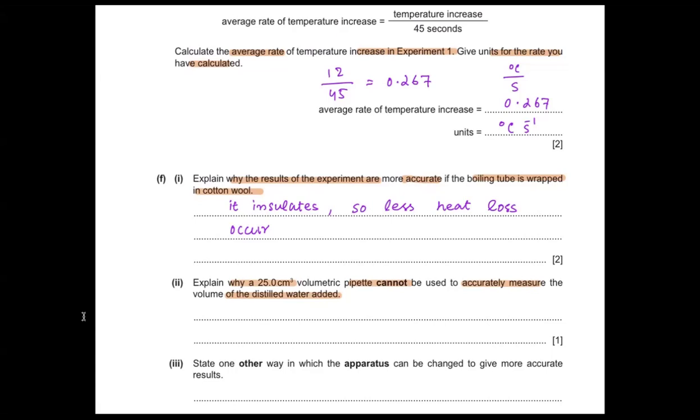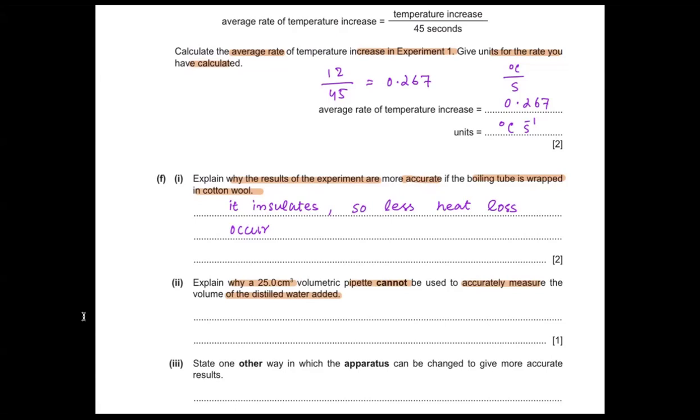Sir, could you explain again? Yes, 1 minute. If you recall, the pipette is only used to measure just 25 cm³, right? We use the safety bulb to fill it to the mark, and it is just 25 cm³.